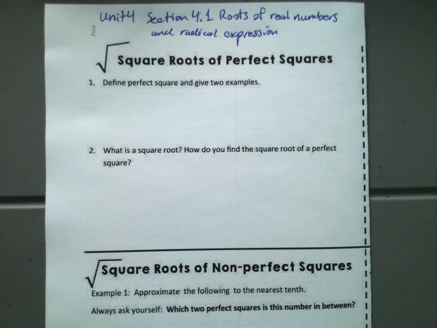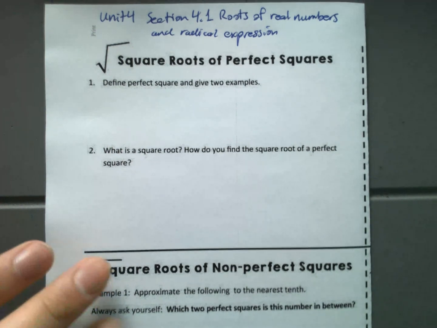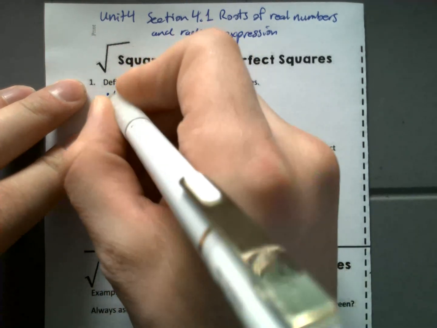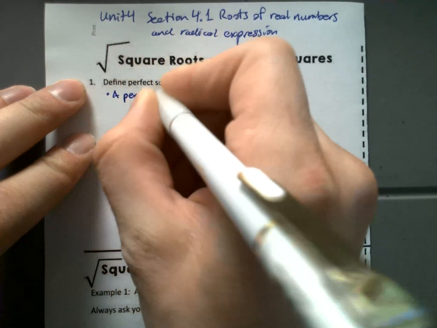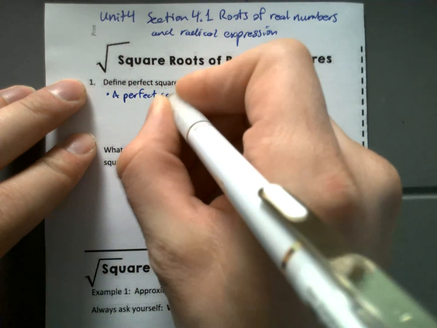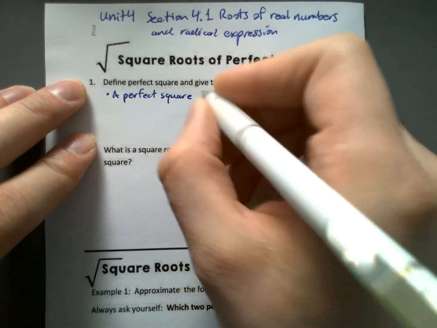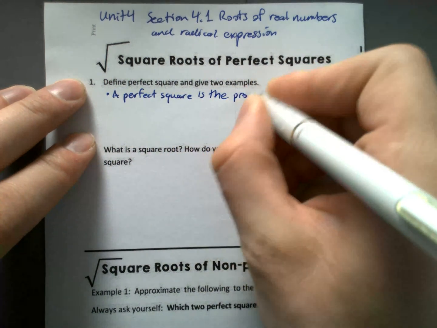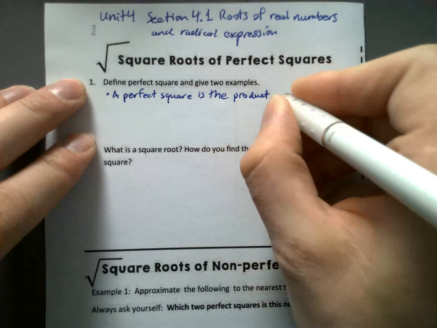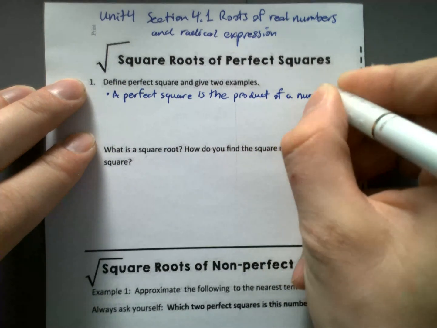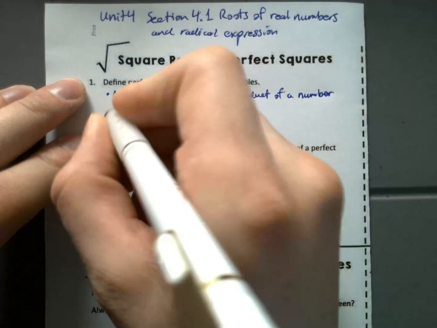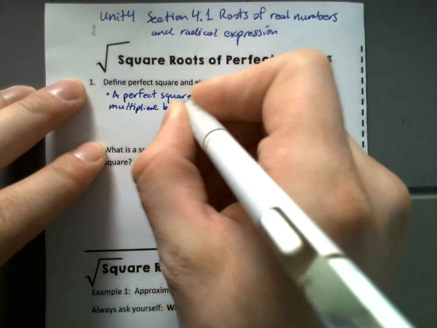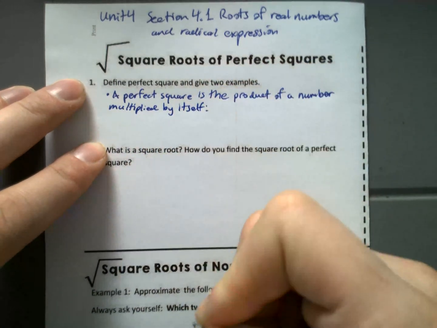So, when we define a perfect square, as we did in our warm-up, we are given two examples, right? Or at least I'm going to define a perfect square in two examples here. A perfect square is the product of a number multiplied by itself. Right?